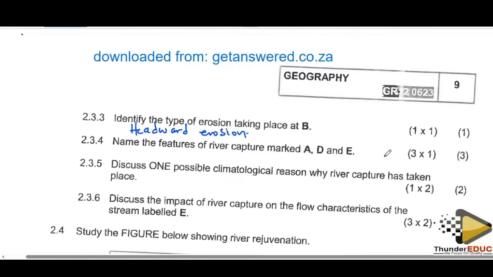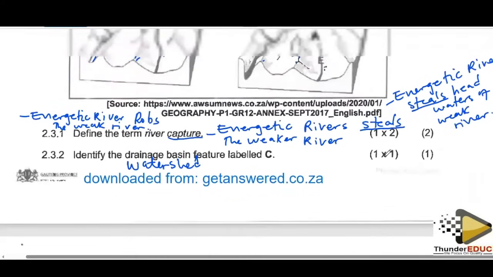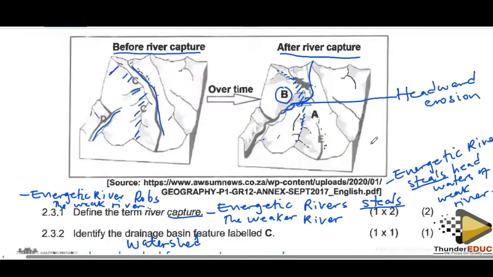All right. Now, 2.3.4, name the features of the river capture marked A, D, and E. Let's look at feature A first. So feature A, as you can see here, there's nothing here. And all of us know that one, we call it a wind gap, or a dry gap.